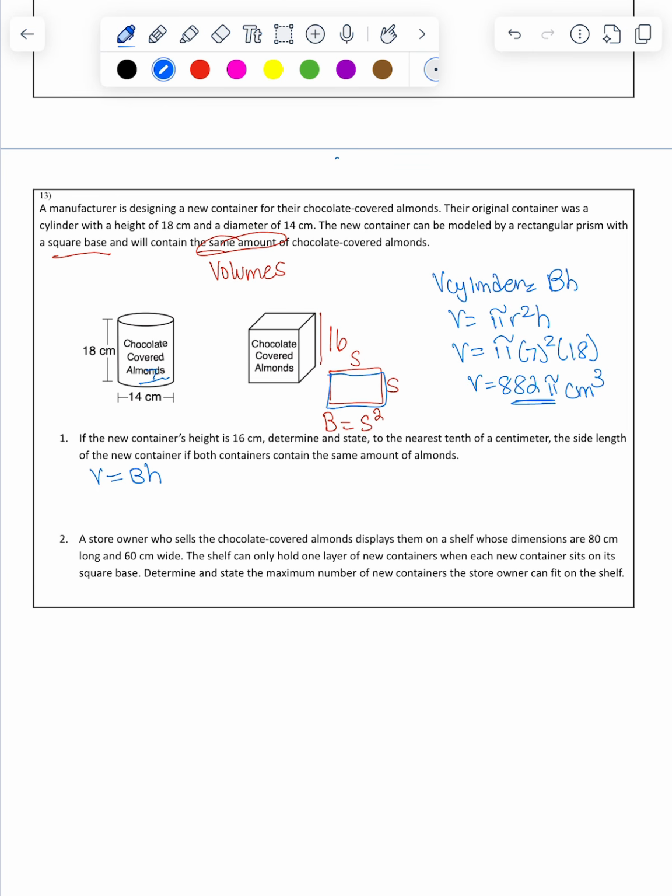And we now know that the volume should be 882 pi because it's the same as the cylinder. So we have 882 pi cubic centimeters is equal to capital B, which is S squared, whatever the side is, side times side, times the height, which is 16. Now all I have to do is divide both sides by 16.